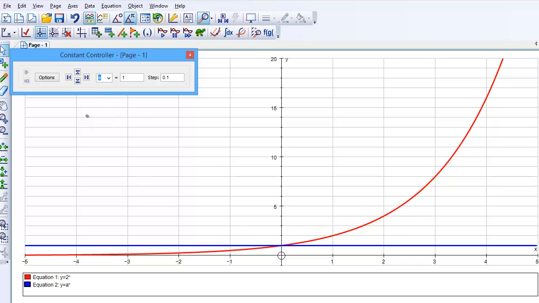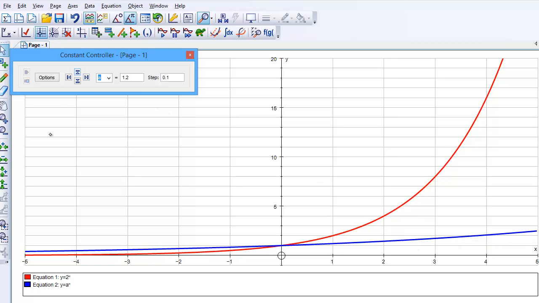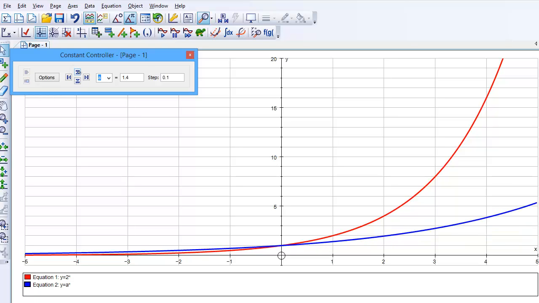So what I can do is change the value of a. I'll keep the step to 1, and we're looking at values greater than 1, and you can see this has got a slight curve to it now. 1.1 to the x. There's 1.2 to the x, 1.3 to the x, 1.4, 1.5 to the x.